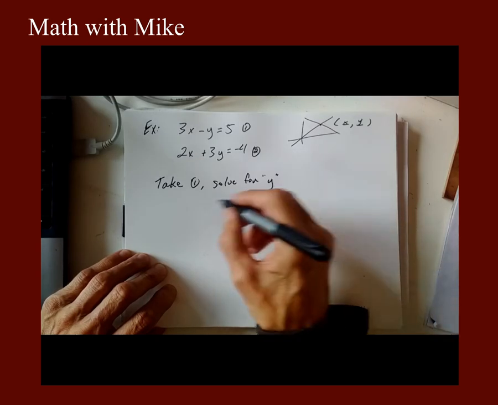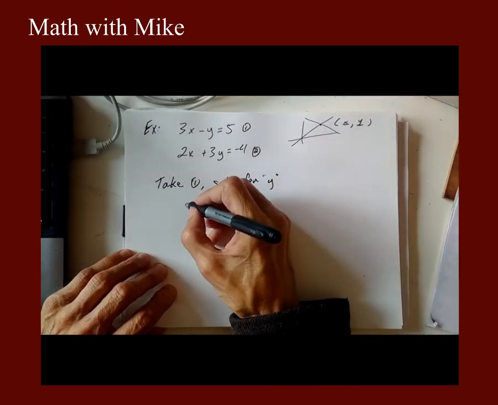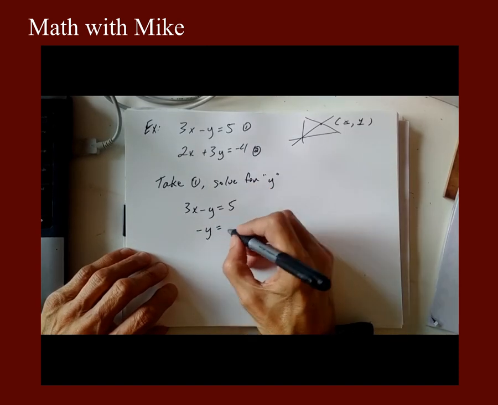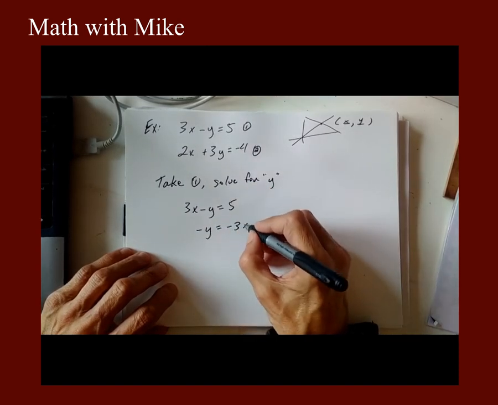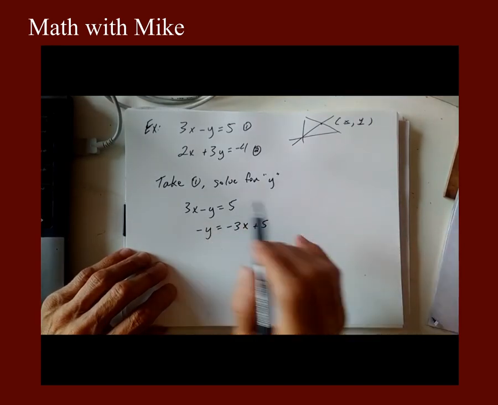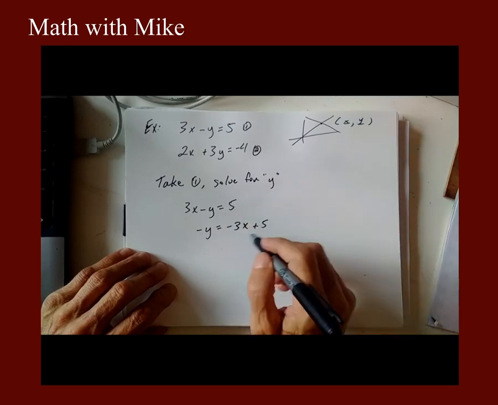Okay, so this step looks like this. We have 3x minus y is equal to 5. When you solve for y, it means you want to get y by itself. So I'm going to take the 3x to the other side. And when I do, of course, it changes from a positive to a negative. The 5 stays positive.